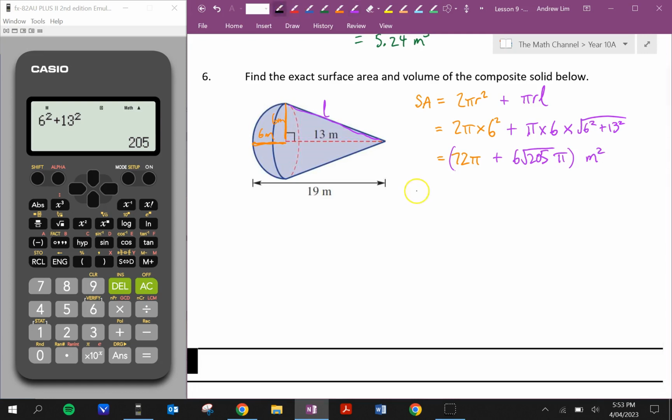What about volume? Volume, we've got half a sphere and a cone. 1/3 pi r squared h. So let's sub in some values.